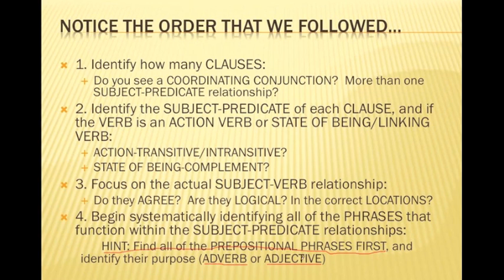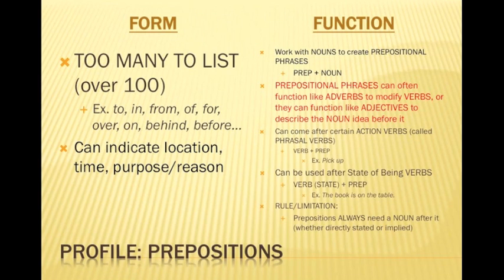So in this case, they could be generally functioning as an adverb or as an adjective. So prepositional phrases can be occurring in many places in a sentence. So notice we've added some information to our profile. They can function like adverbs, but they can also function like adjectives.